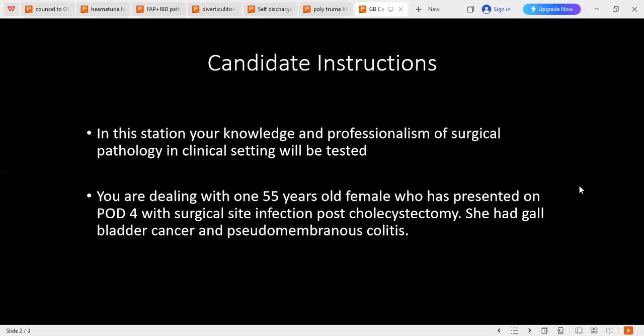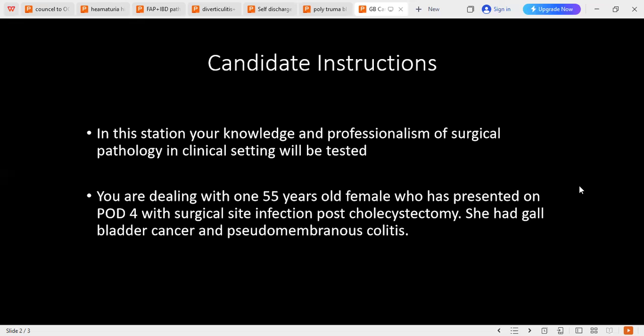How would you manage this patient further? I will manage this patient by giving intravenous fluids, anti-diarrheal drugs, and intravenous antibiotics.